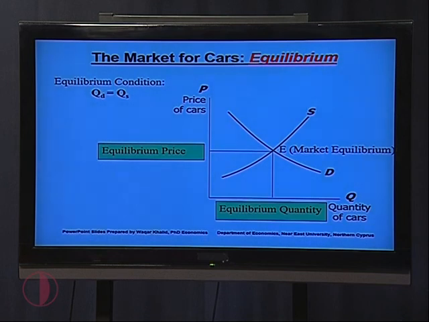So the equilibrium condition is that quantity demanded is equal to quantity supplied. As I told you, the slope of the demand curve is negative, whereas the slope of the supply curve is positive. So the market condition is that position where quantity demanded equals quantity supplied. When the demand curve and the supply curve meet at a point, that is known as market equilibrium.